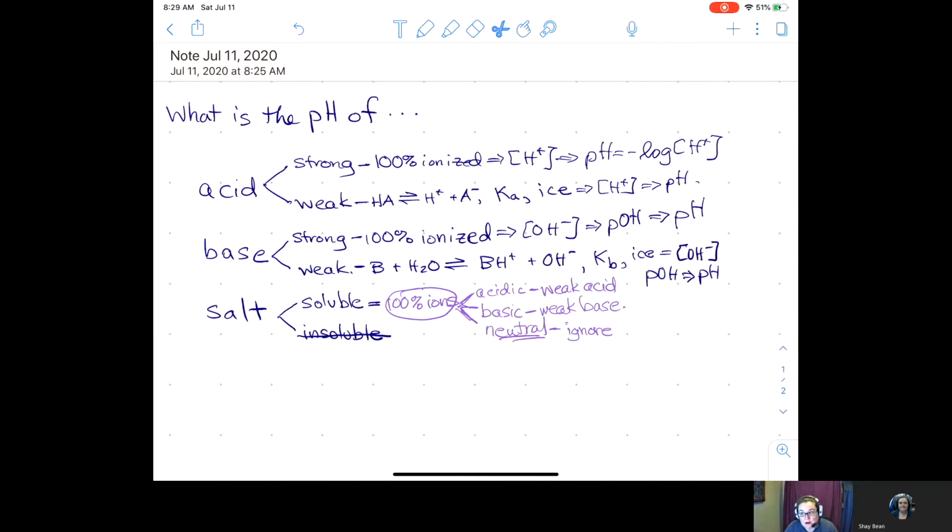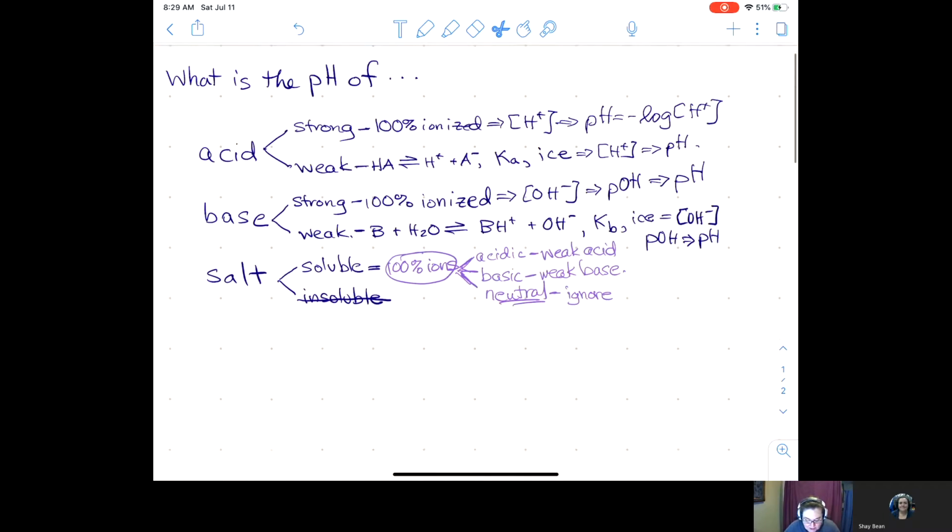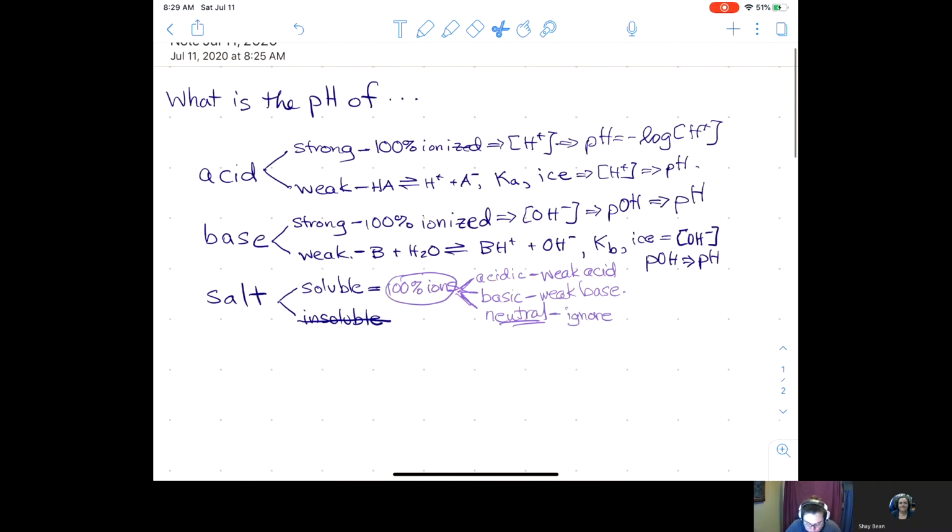Starting with the last part of Module 7 material, we have a new scenario when you're asked, what is the pH of? And this is when you have two things in the beaker. Your strategy is to identify the two things.